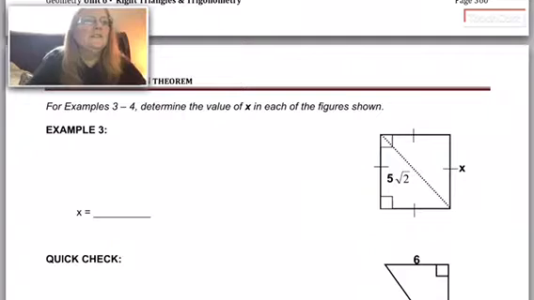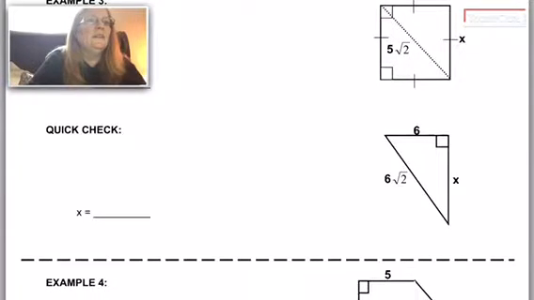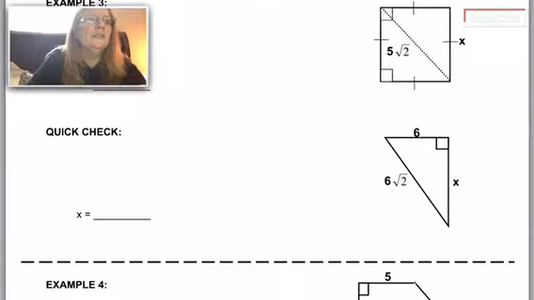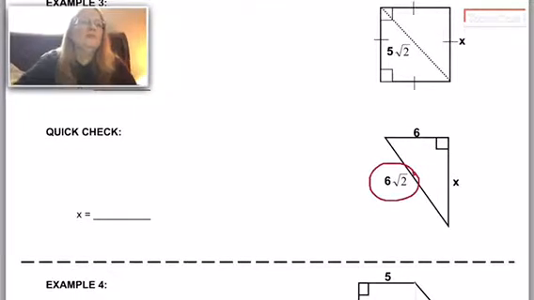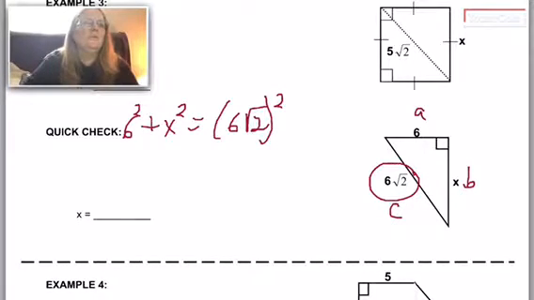All right, let's look at the quick check. We have, again, a radical for c. Okay, so again, just follow the rules the same. This is going to be a, this is going to be b, and this is going to be c. So I have 6 squared plus x squared is equal to 6 times the square root of 2, squared.